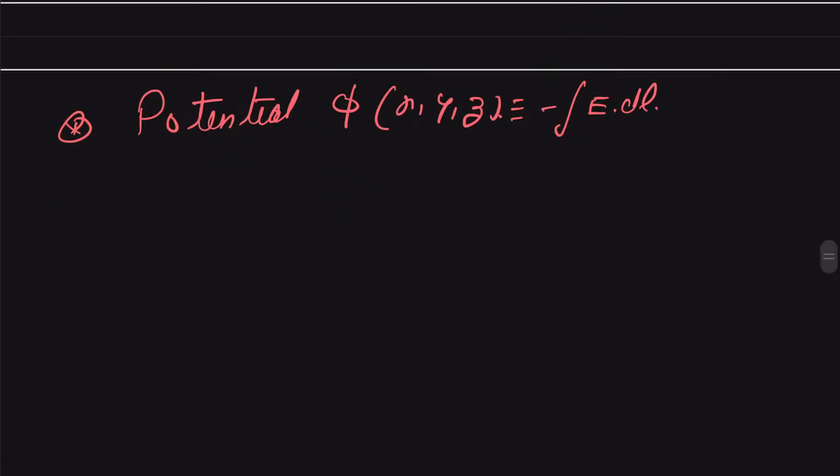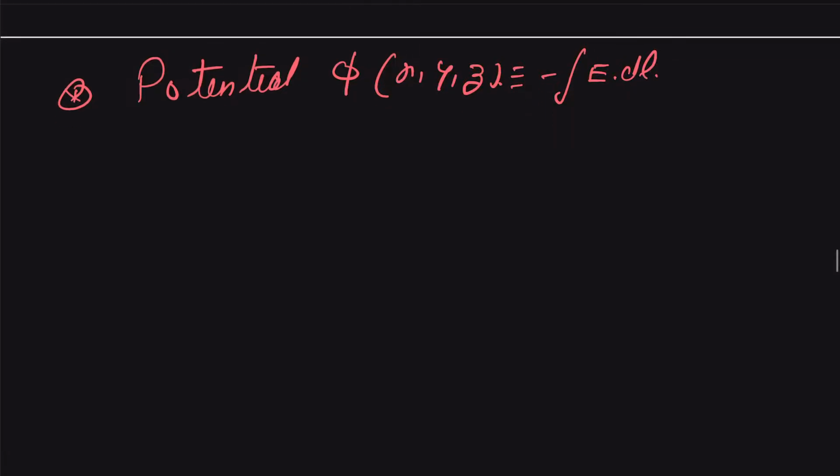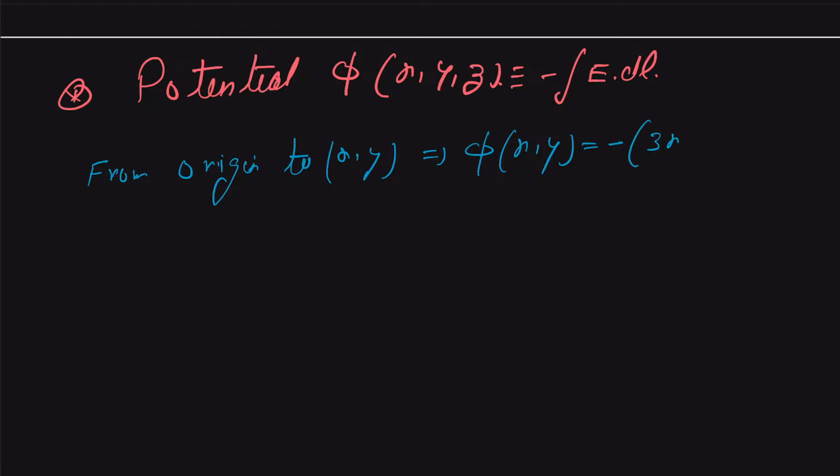So we are going to use the result from the origin to any point x, y. Because z is already 0, our potential for x, y will be equal to minus 3x square y minus y cube.